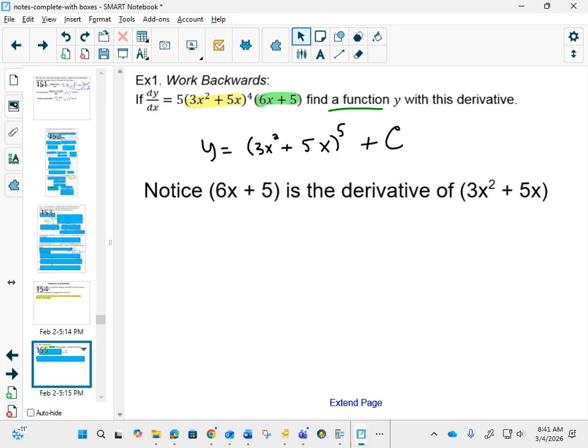Like this one worked out perfectly because it had the 5 out in front. But if it had a 7 out in front, and instead of 6x plus 5, it had 12x plus 10, things would sort of be a little bit off. So we're going to have to use some techniques to help us when those things are a little bit off, so we don't have to struggle with the mental math.